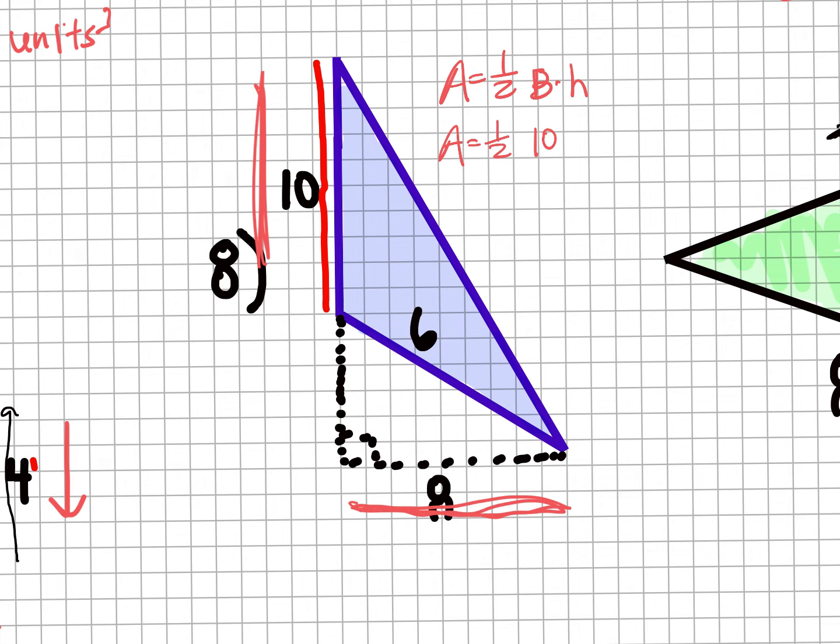We need for height a measurement that is perpendicular, or straight up and down, compared to the ground. So the base is 10 and the height is 8. But then because triangles are just half of rectangles, we have to cut it in half. So area equals 8 times 10 is 80, but we take a half of 80, so area equals 40 units squared.